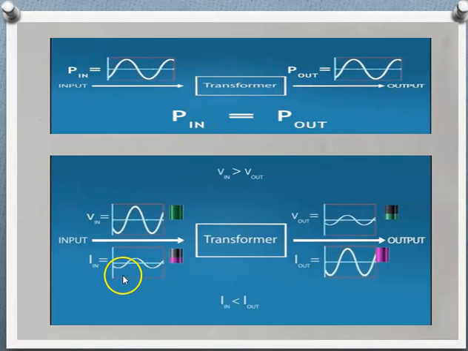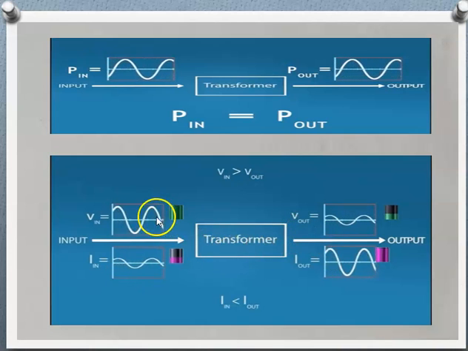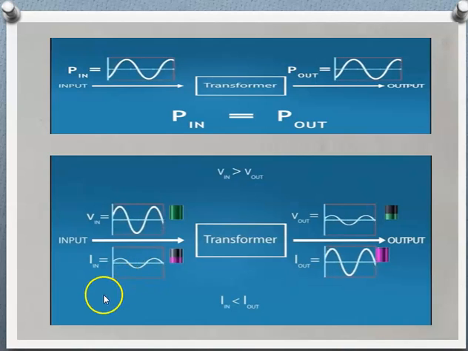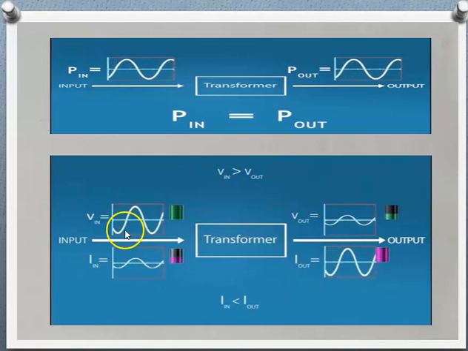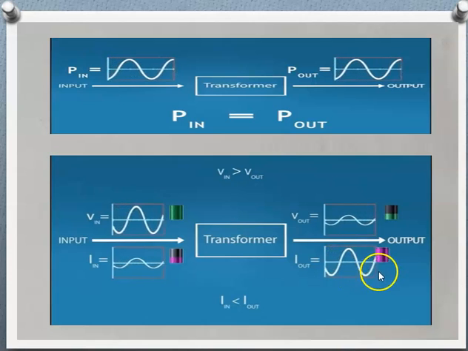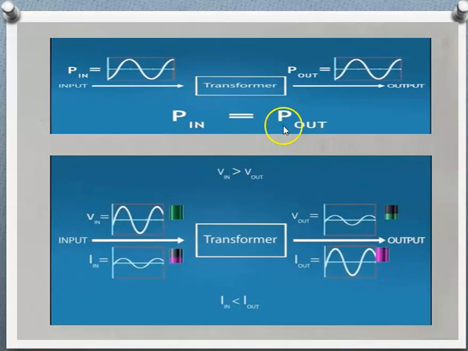Suppose we want to decrease the voltage with the help of this transformer. Then we get less voltage here, so automatically the current will increase here because the power is constant. Transformer is a constant power device.